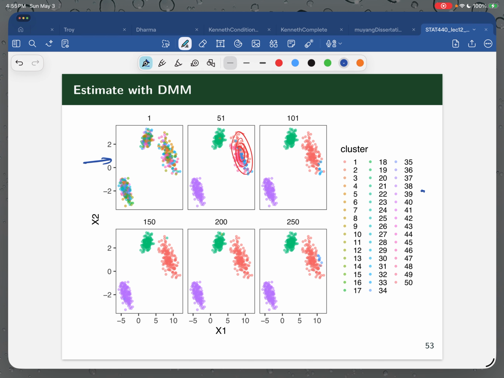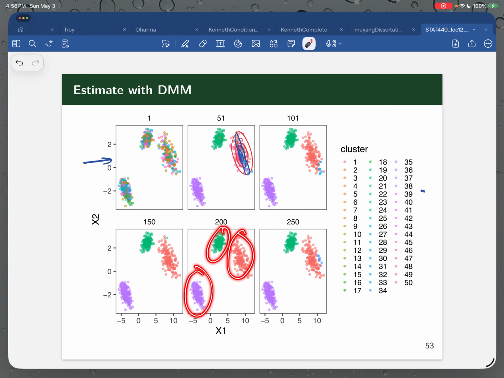And then this blue cluster would have a covariance matrix that leads to ellipses that are really narrow and skinny. But what you also see is that over time it likes adding that additional cluster less and less, until by step around 200, we've got three pretty distinct clusters.